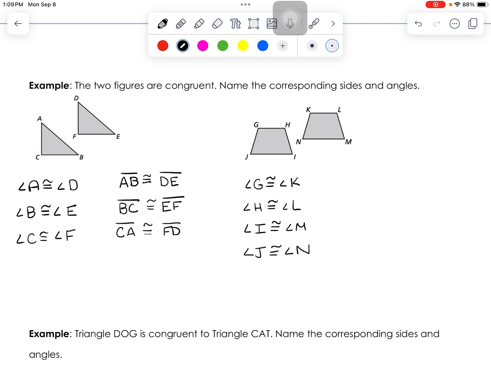So GH, starting on the top, would be congruent to KL. HI would be congruent to LM.